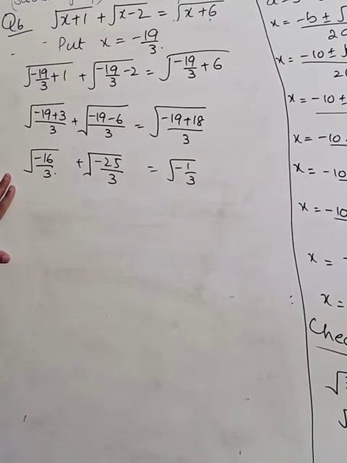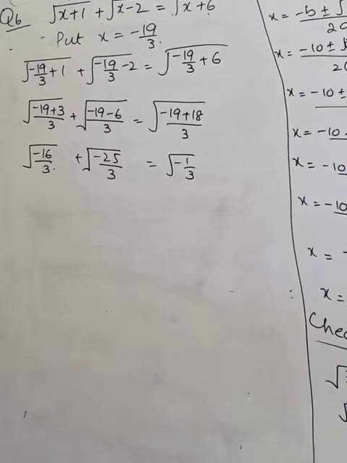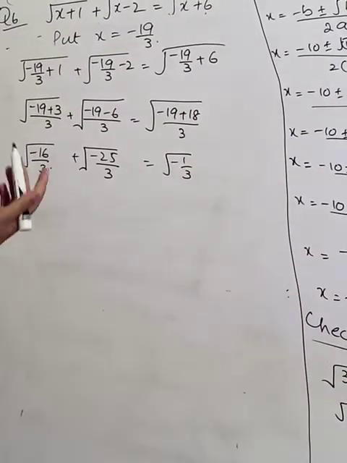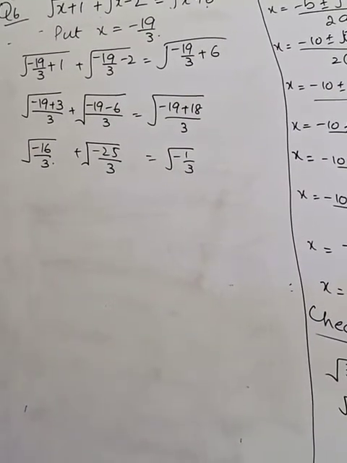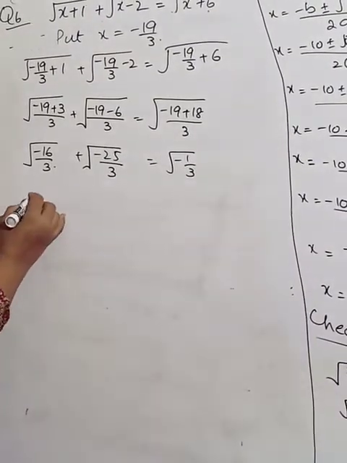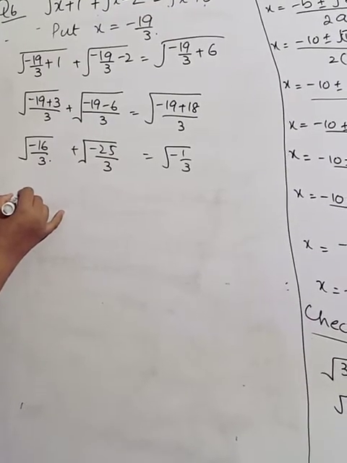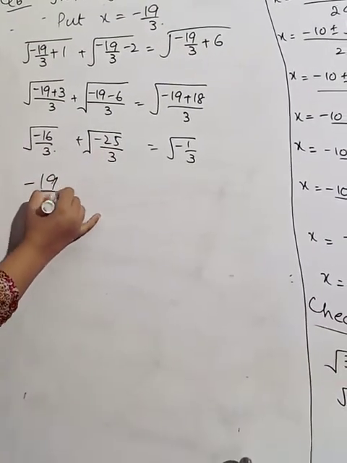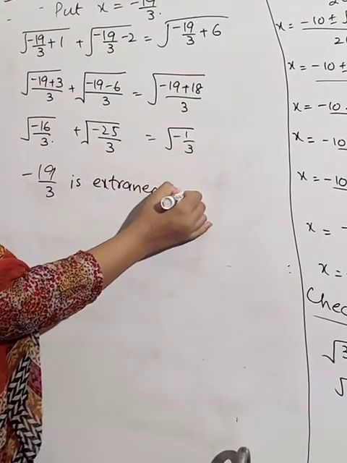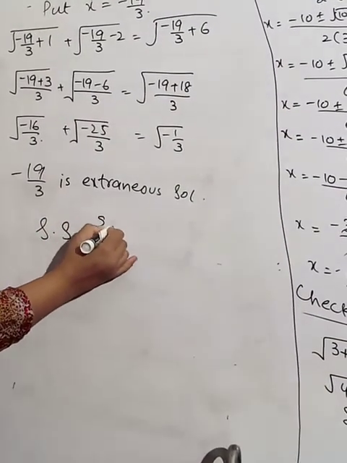While in the quadratic equation we have that the roots belong to the set of real numbers, right? So that is not possible, and therefore minus 19/3 is an extraneous solution. So the solution set is 3.